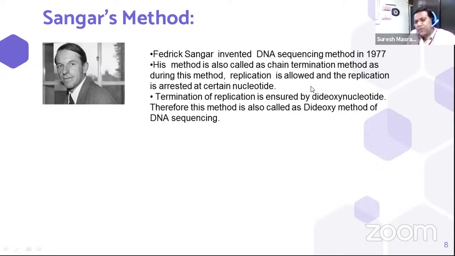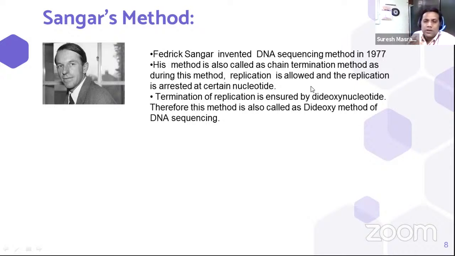During the same time, independently, other authors, Walter Gilbert and Allan Maxam, published their work. Allan Maxam was a student of Walter Gilbert, working under his supervision in the laboratory, and during their work, they published a paper in 1977 on a new method of DNA sequencing.